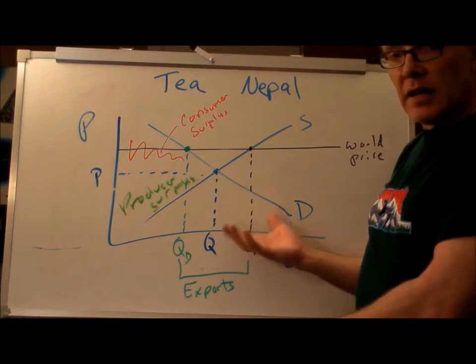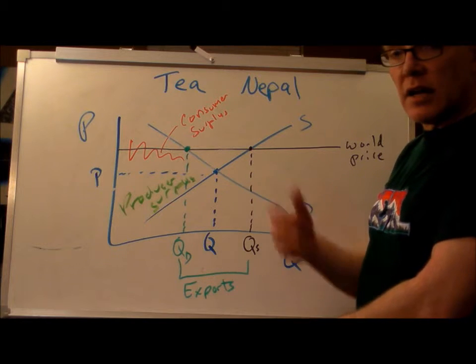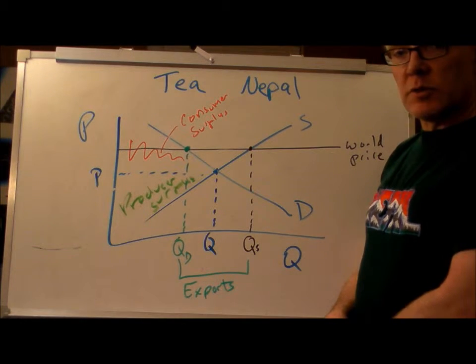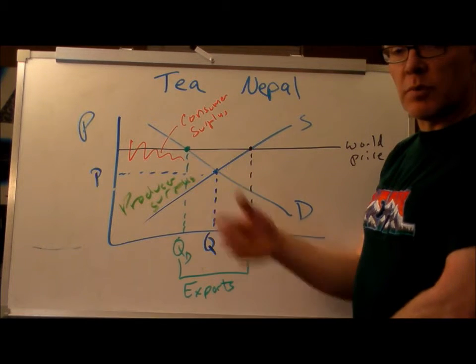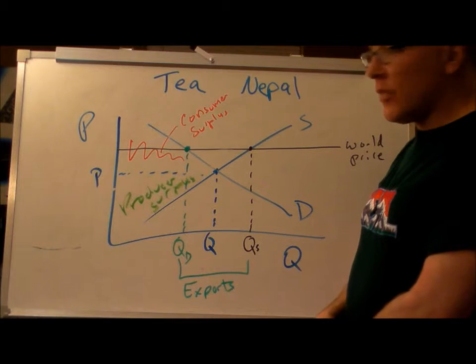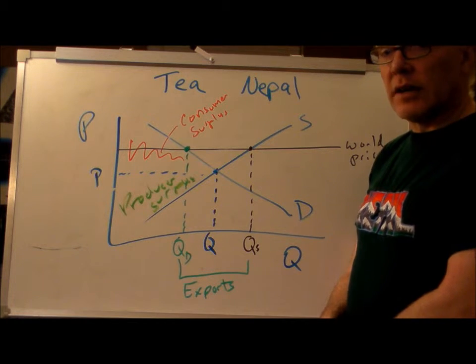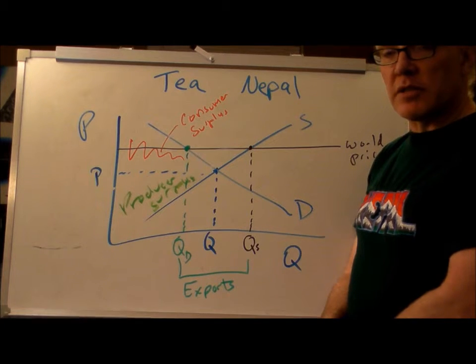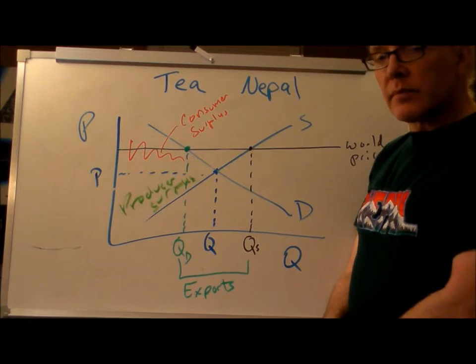That Nepal gains from trade. It is producing more tea than it consumes domestically, but the total surplus in the country is increased by the fact that they are able to export more tea than the people of Nepal themselves would like to drink.